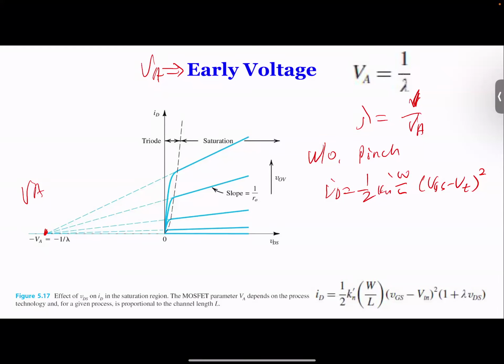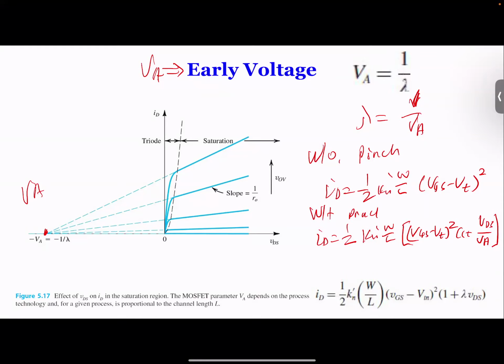So that equation can also be written as ID with pinch equal to 1/2 Kn prime W over L times (VGS minus VT) squared times (1 plus VDS over VA). Because both have the unit of volts, the ratio is unitless, and plus 1 gives you how much increase of current.